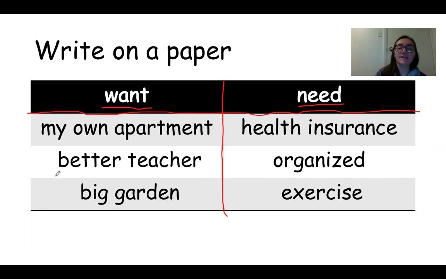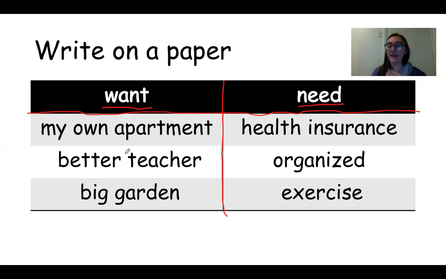Now, on this side of the chart, under the word want, I want you to write 3 things that you want. You do not need to make a full, complete sentence. If it's just 1 word, if it's just 2 words or 3, that is okay.